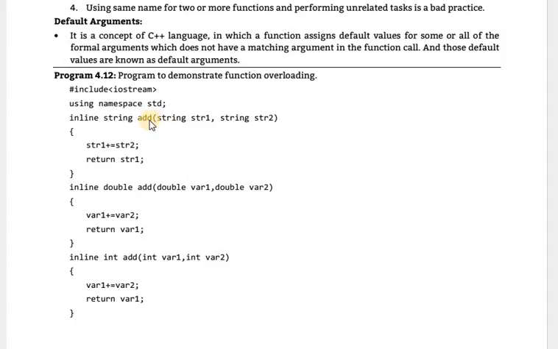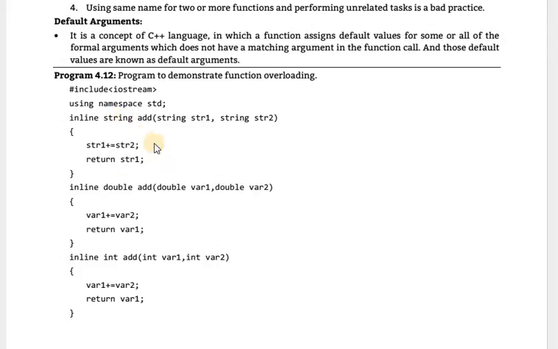Now see here, these are the three add functions, that is a string add, double add, and integer add. In the first add function, there are two parameters having the data type string, and in this function they are performing str1 plus equal to str2, which means str1 equals str1 plus str2. Here they are adding both the strings and storing the result into str1, and it is returning the value.